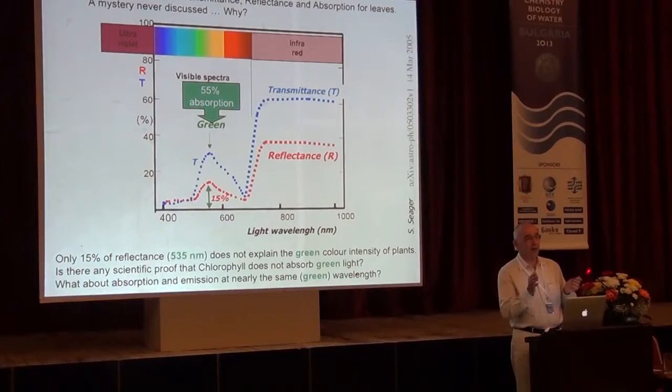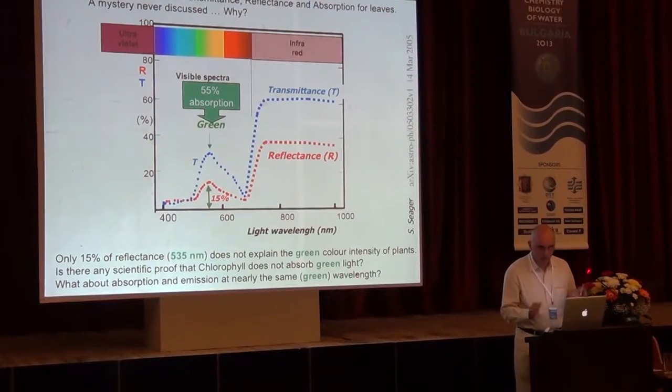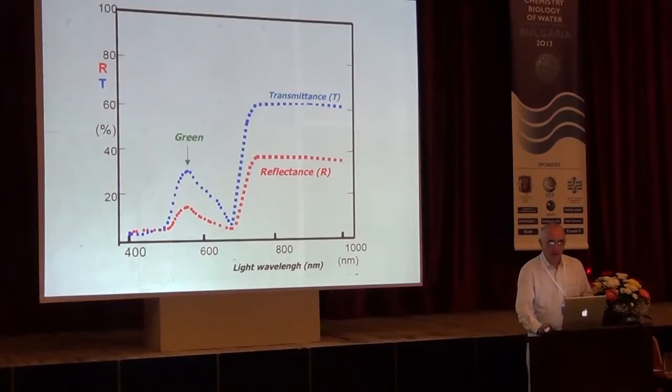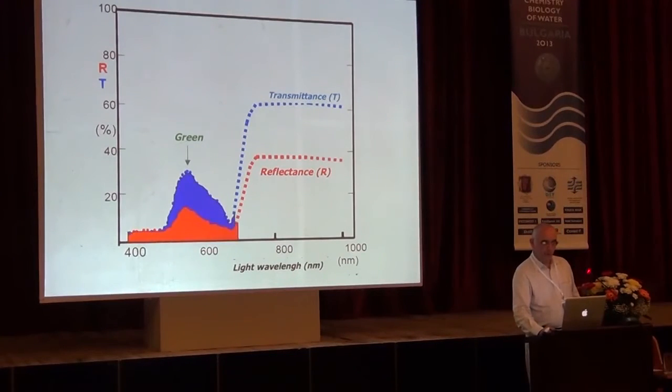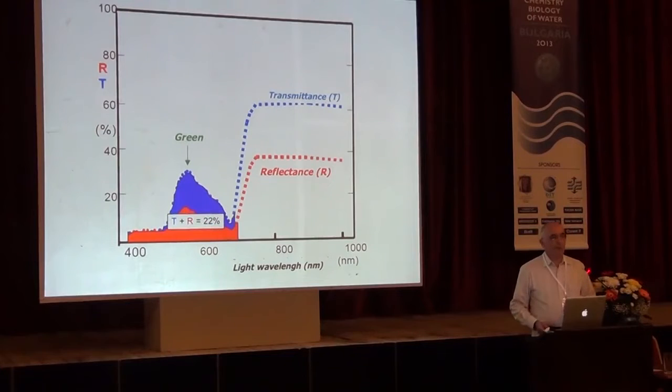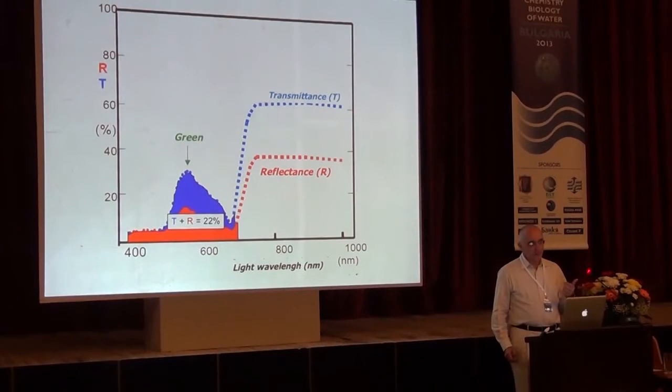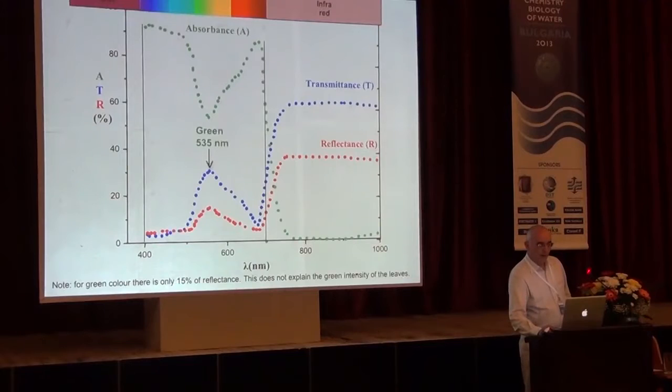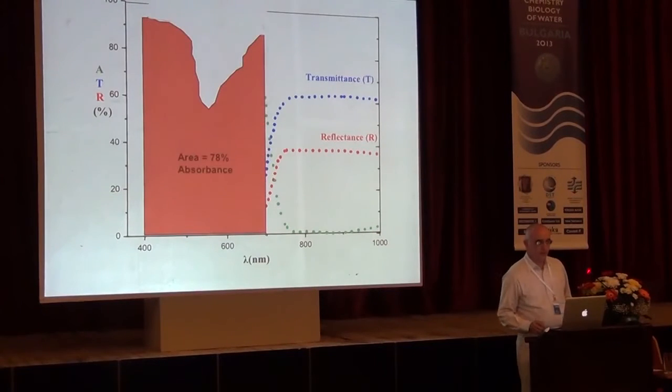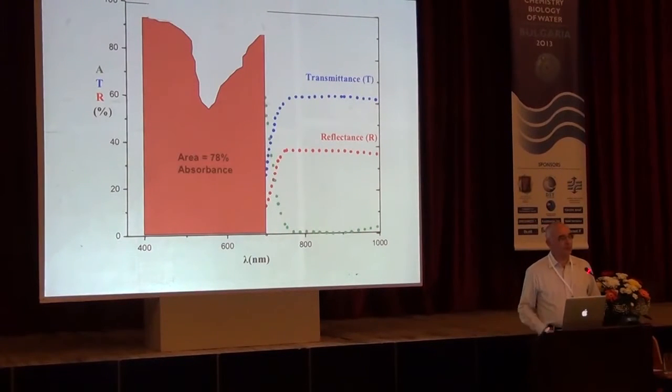And we say that the plants are green because of reflection. It's not. And more, if you take this curve for reflection and transmission over the surface, we get about 22% of reflection plus transmission. It means that for absorption, we have about 78%.